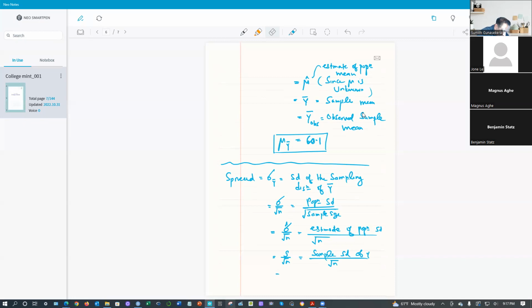Now it can be replaced by s observed, the observed sample standard deviation over square root n. You get 8.73 over square root 157, which is 0.6967.